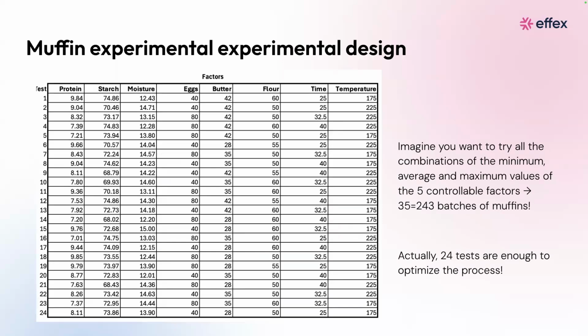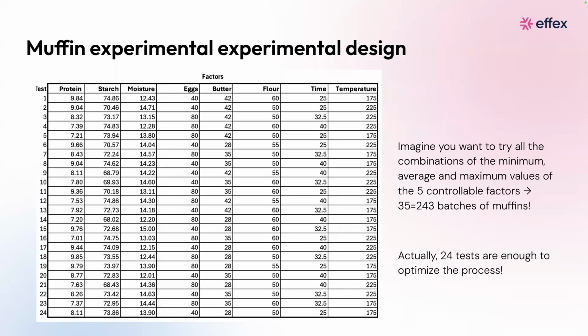Next step, the next phase of the DOE flow, is setting the experimental plan. You see here a table with 24 rows and 8 columns. The first 3 correspond to the batch of flour that is being used, and the others are the experimental factors. So this is a very small design.